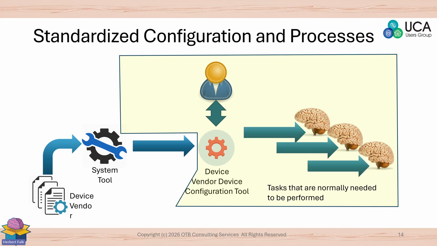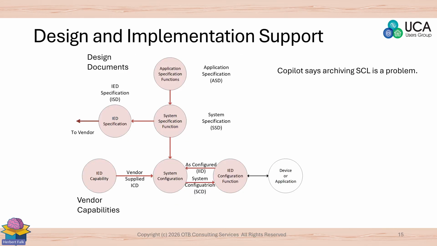What 61850 brings along is a system tool and a standardized way of representing the vendor information, the output of the system tool, which is used as the input to the vendor device configuration tool. And then the vendor device configuration tool actually configures the devices. So this is a top-down approach, or the start of it, and let's talk a little bit more about that.